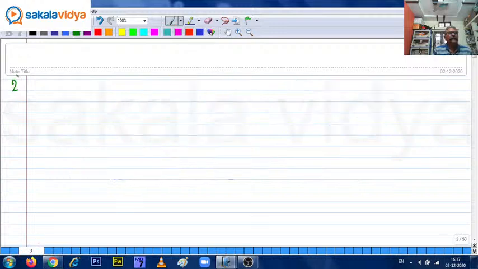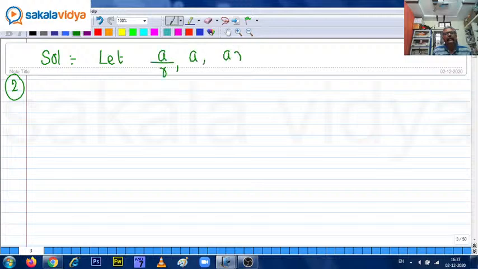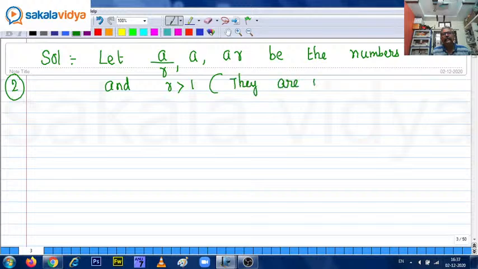Second solution. Let a upon r, a, ar be the numbers, and r is greater than 1, because it is an increasing GP. Generally if three terms are in geometric progression, we consider a upon r, a, ar.